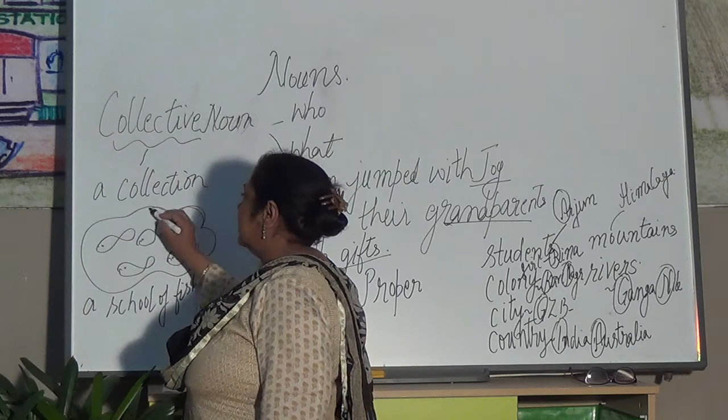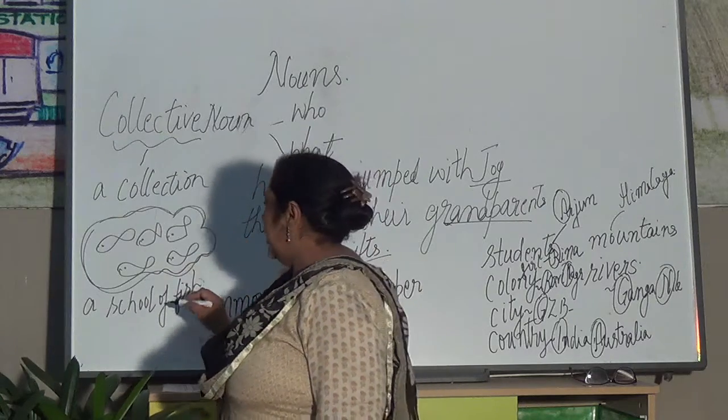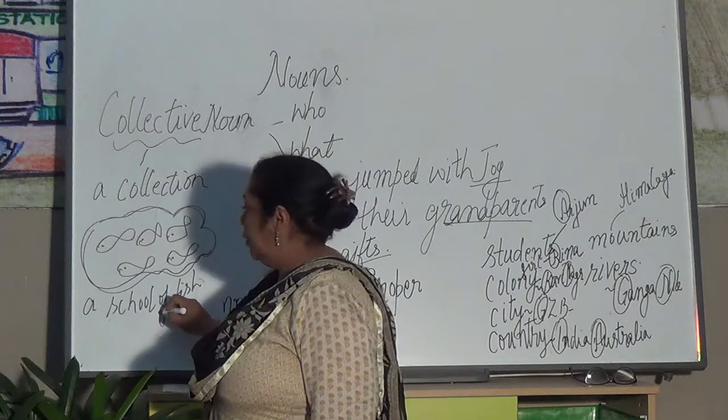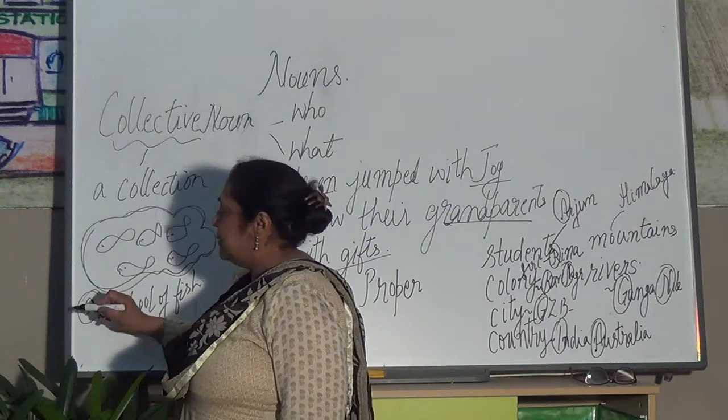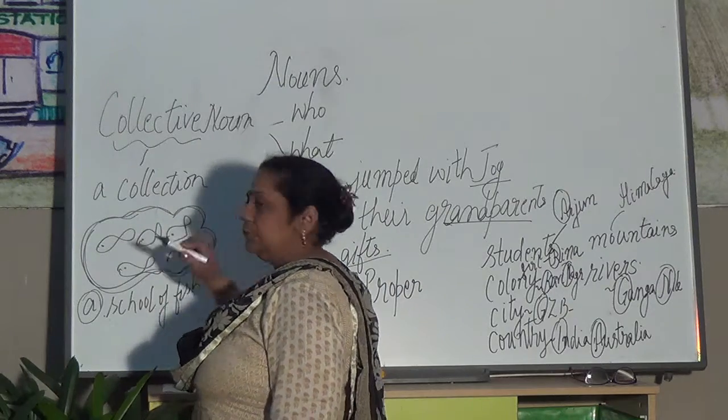The whole unit is considered as one single whole and is described as a school of fish. You can see the article being used here is a, which specifies that this is one group.